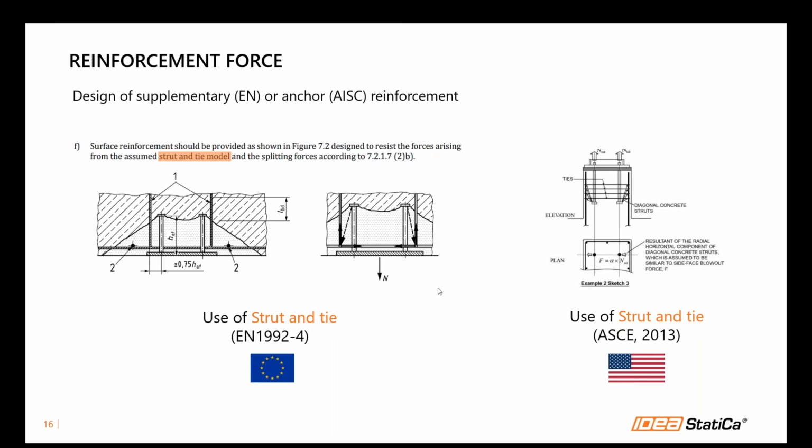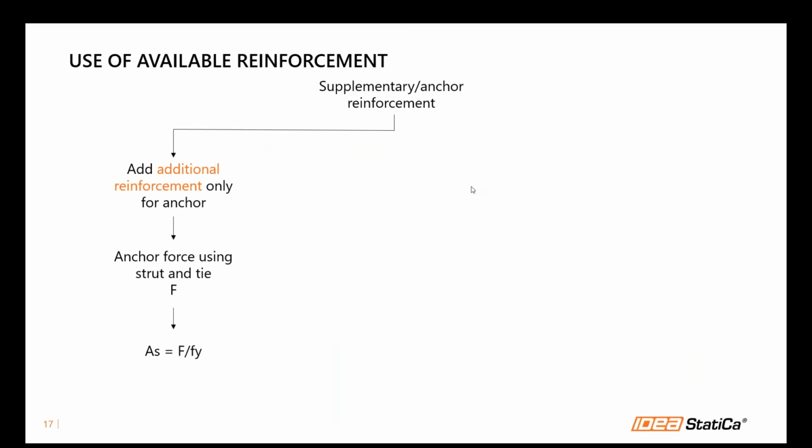Because of this method, in my experience, most engineers will just add additional reinforcement specifically to take the anchor force. This is done to simplify the strut and tie design process. So let's see one way to do it, which most engineers will be doing, which is to add additional reinforcement only for the anchor, work out the anchor force using a strut and tie, and then calculate the As after you get the force.